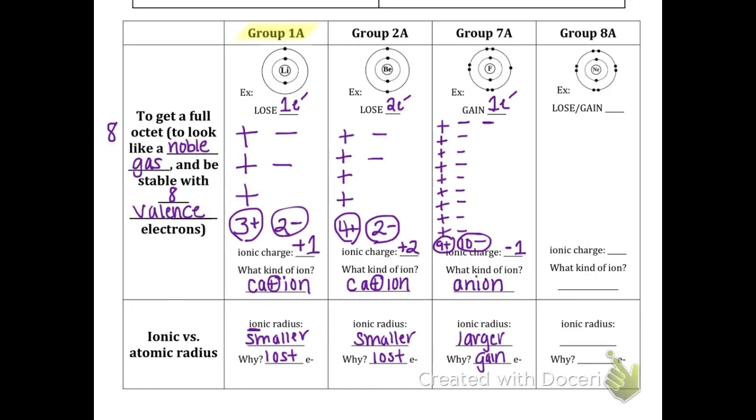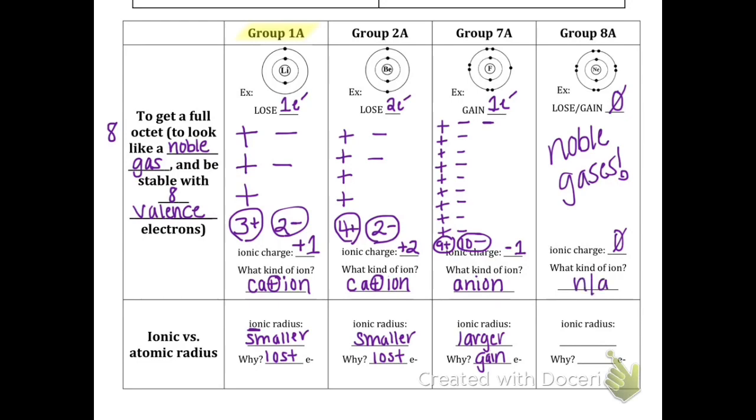Okay, perfect. Now, this 8th column is sort of moot because our 8th column elements are noble gases. Noble gases are already happy because if everyone's goal is to be a noble gas, they're already there. So they lose or gain nothing. They have no charge.